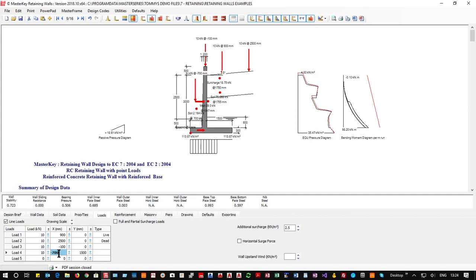And then, just to make this example very awkward, we have another load sitting halfway down the wall but eccentric, on the air side, on the outside. This could be due to some sort of walkway or something bolted halfway along a wall.